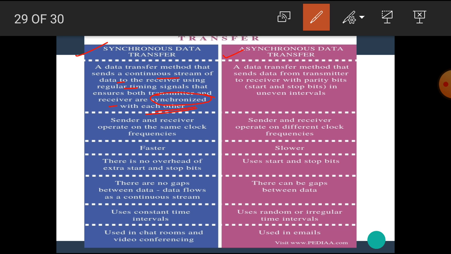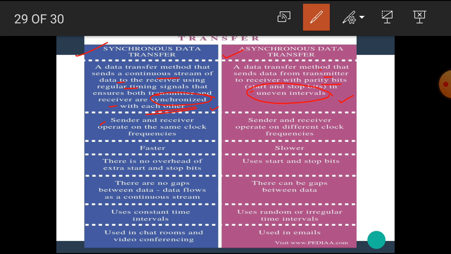This is the important word here: synchronized. Asynchronous data transmission sends data from transmitter to receiver with parity bits or start and stop bits at uneven intervals. That means there is no synchronization between transmitter and receiver.